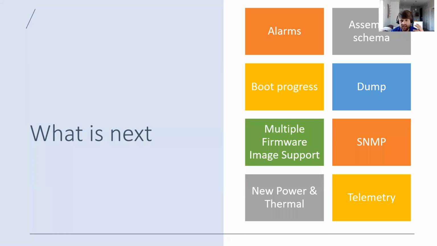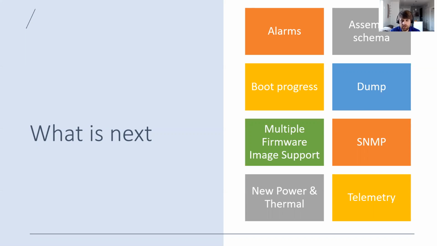Okay, so what's next? Maybe this is 2.9. Dump and multiple firmware image support have been merged, so they're in master today. Things like boot progress were added in 2020.3, so just need to implement that in BMC Web.